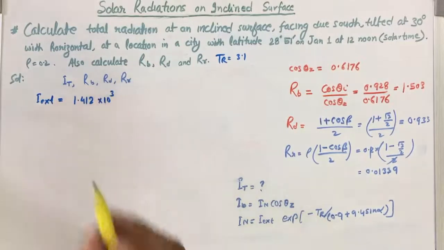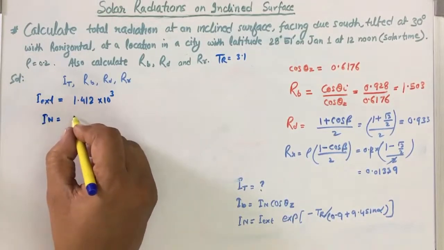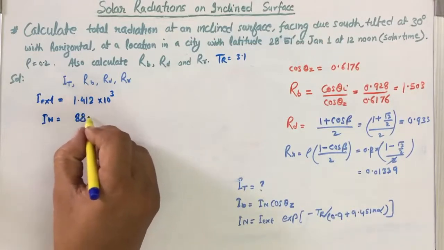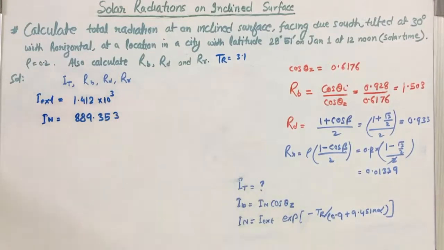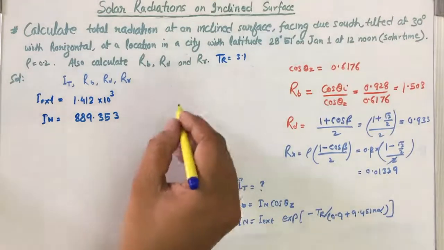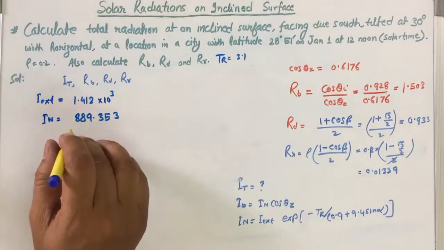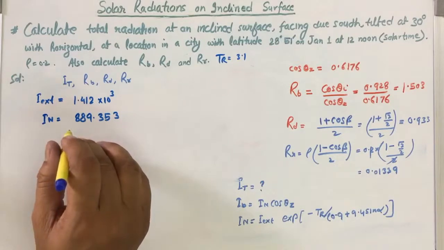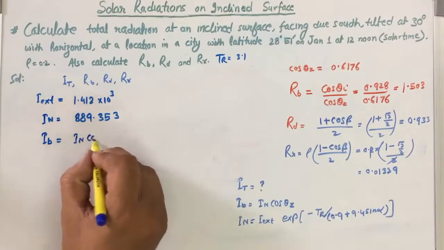And if we put this here and try to find, then IN will be equal to, just I am putting from the already calculated value, 0.353. So IN, that is in the normal direction, when it is tilted, is known to us now. If we know IN and if we know cos theta i and cos theta z, then beam radiation can be found as IN cos theta z.